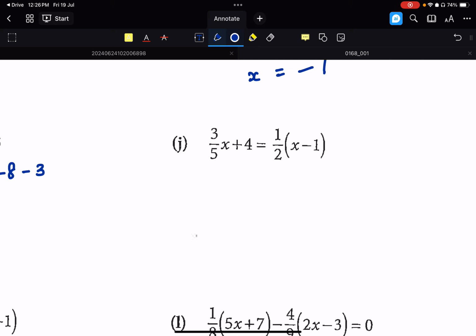So I can have 3x over 5 plus, now 4, if I multiply by 5, this is 20 over 5, equals to half. Now, I would actually prefer to write it in this form.